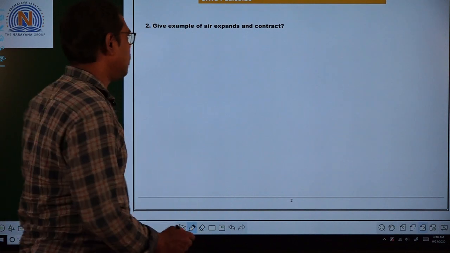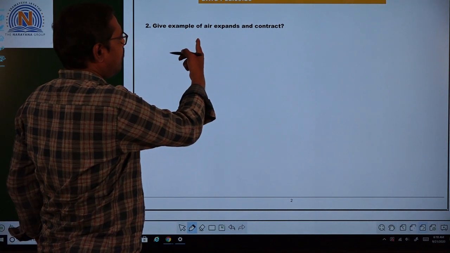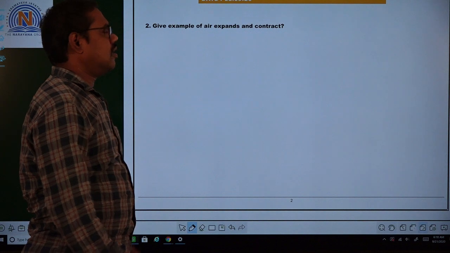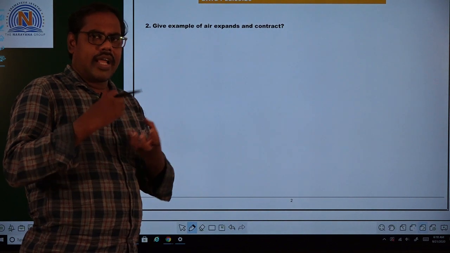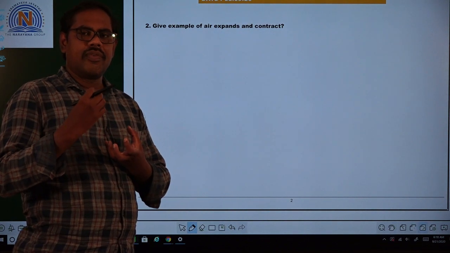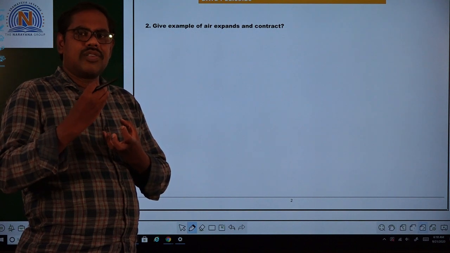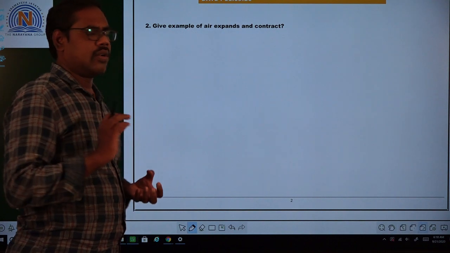So here the answer to give examples of air expands and contract: the air expands in the balloon when the balloon is attached to the tube under hot water.